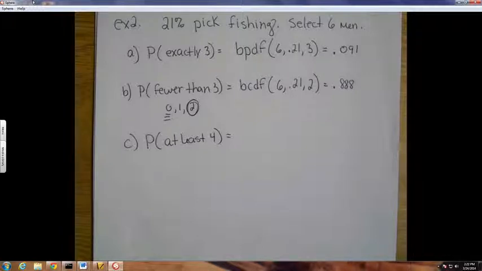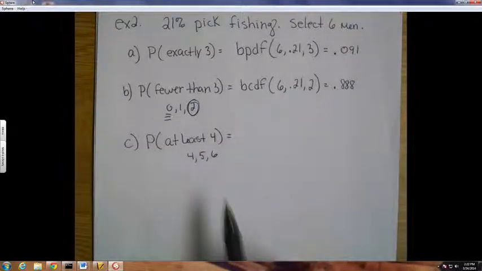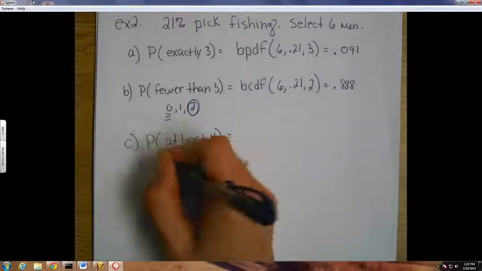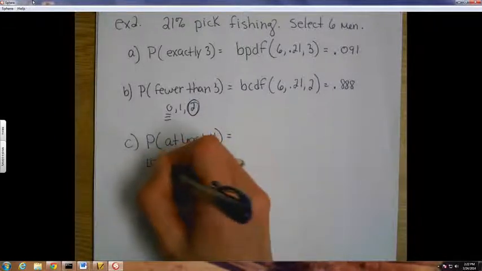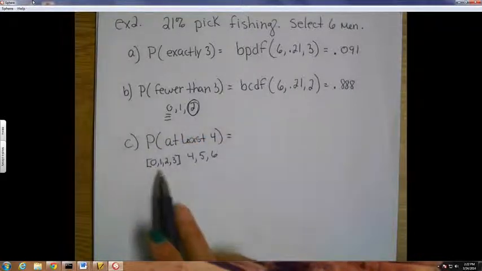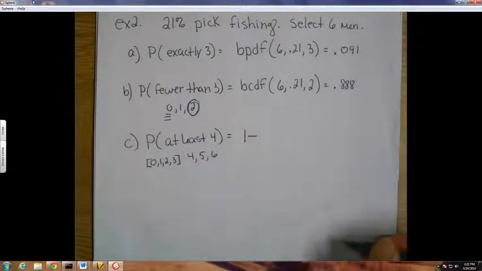Yes. So I want 4, 5, and 6. Can you get the CDF to start adding at 4? No, it starts adding always at 0. So this tells me I need that 1 minus this bottom chunk. I want to subtract off this. This is my CDF right here, chunk. So because I'm starting at 4, I know it's a 1 minus, the lower chunk.